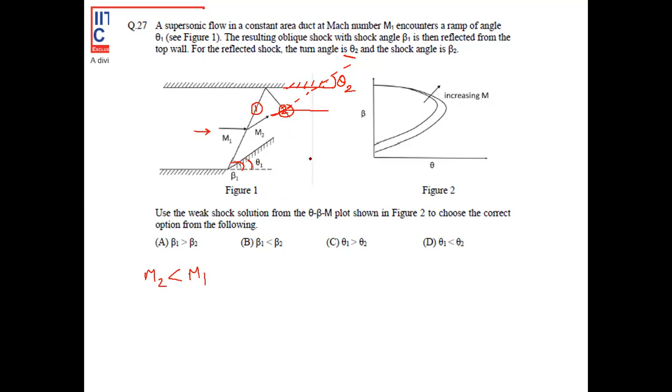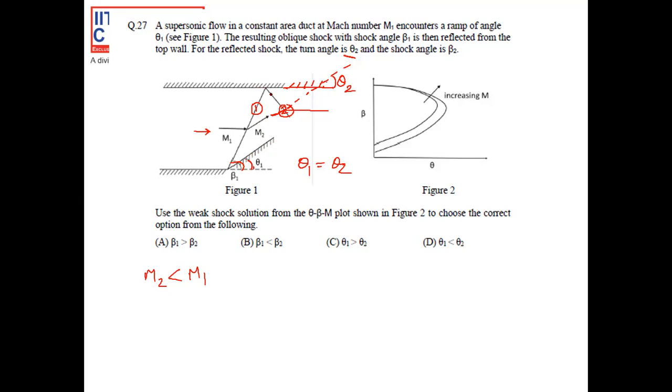So from that we get from geometry that theta 1 equals theta 2. Because the flow downstream of the first oblique shock has to be parallel to the bottom wall, this line is parallel to this, and this, so this angle has to be equal to this. So theta 1 equals theta 2.